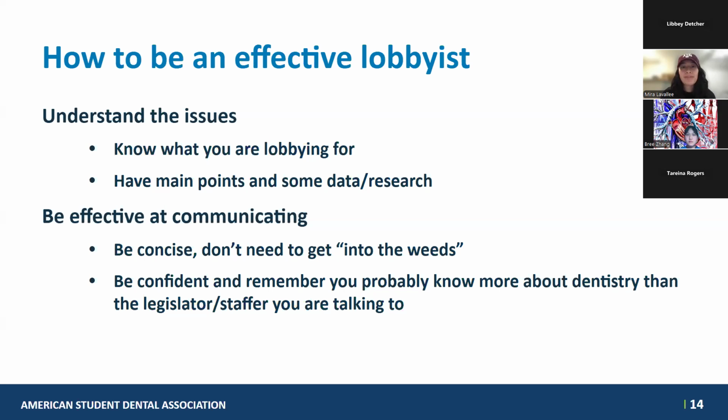You don't want to give them way too much information, because they see a lot of people throughout the day, and we're not the only people going usually. Even at state lobby days, there are a lot of other organizations going. So make sure you have main points, and all the other research can be in an email. And then be effective at communicating.